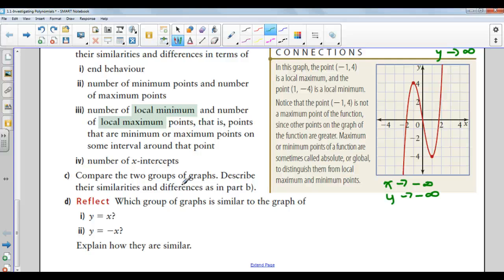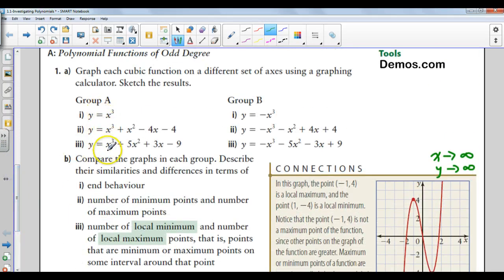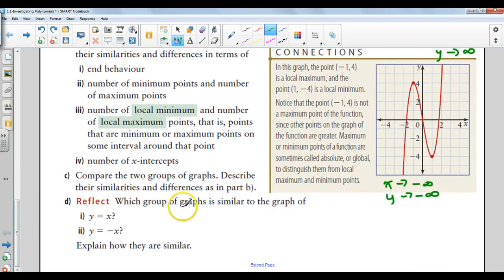Do they look similar? Do they look different? Just get an idea of what a graph that starts with x cubed specifically looks like versus a negative x cubed. And then which group of graphs is similar to these, explain how they're similar. So don't worry about writing a story here. I'm not collecting this for sure, but you want to have an idea moving forward what x cubed looks like.